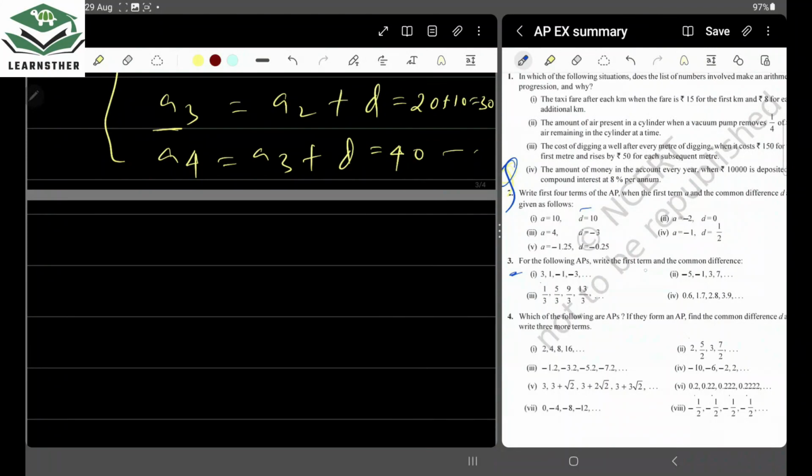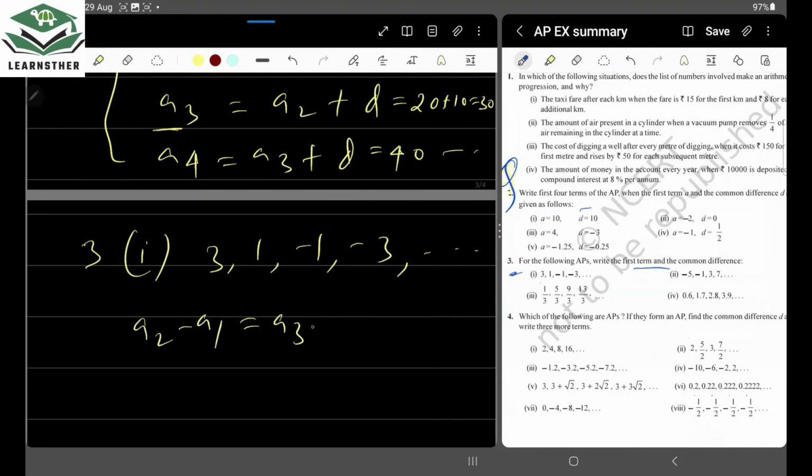For the following APs, write the first term and the common difference. It is already written. It is an AP or arithmetic progression. So if it is an arithmetic progression, then we can write A2 minus A1, A3 minus A2, A4 minus A3. Okay.